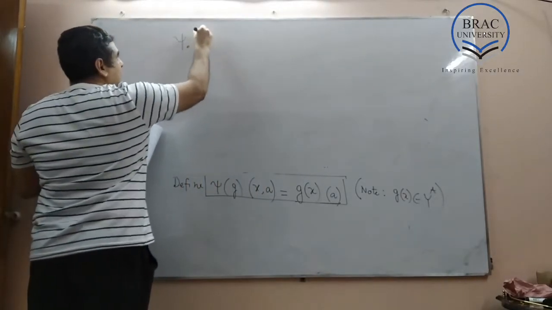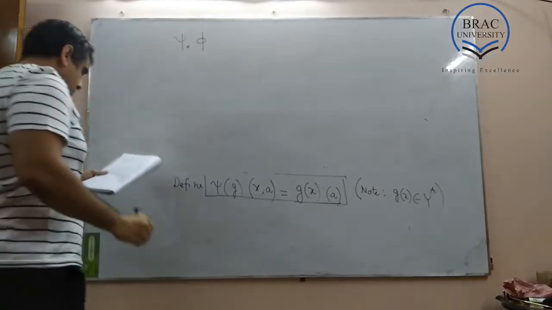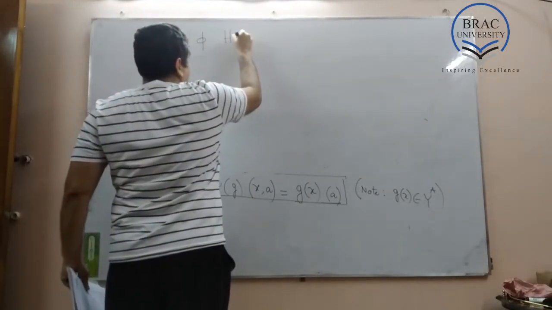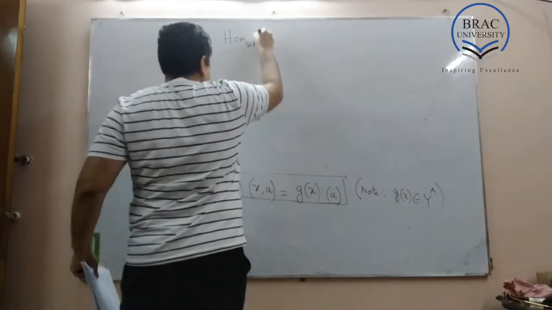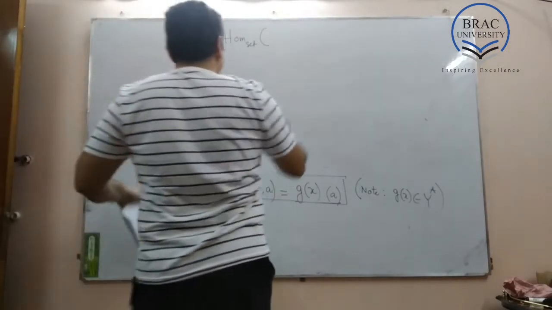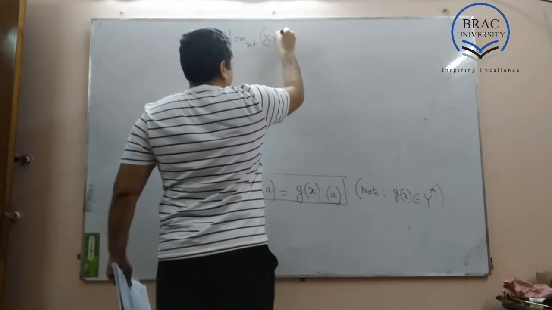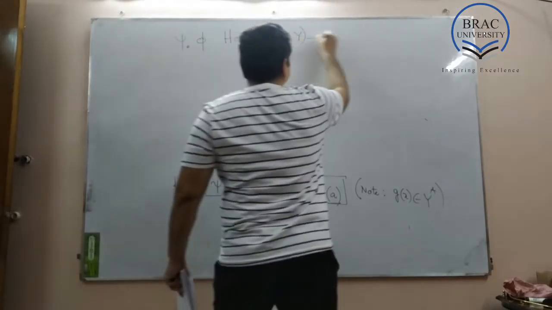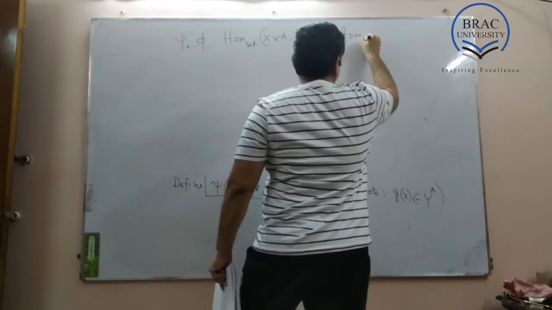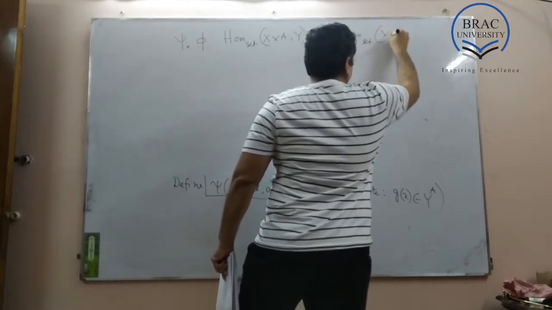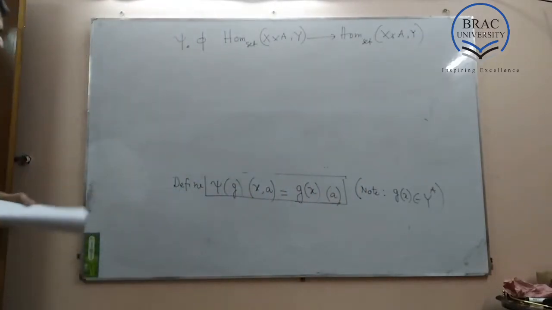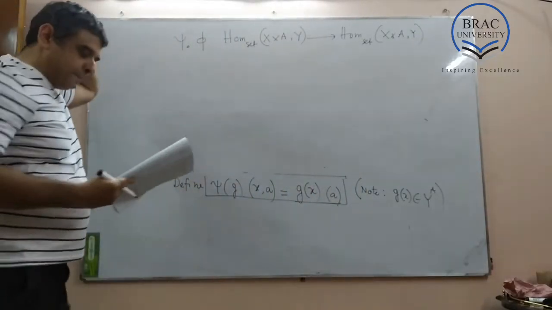Psi composed with phi, right, is obviously a map from the hom-set from X cross A to Y to itself. Right? This is immediate by the definition of psi and phi.